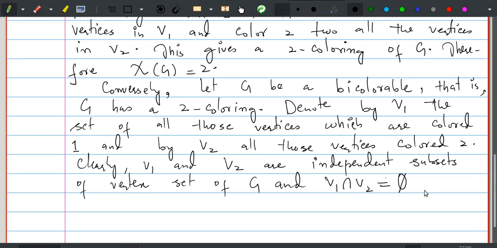So this is empty, and therefore G is a bipartite graph.